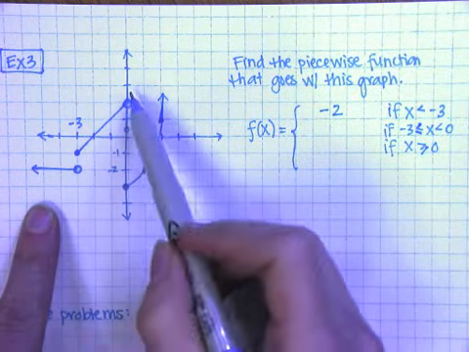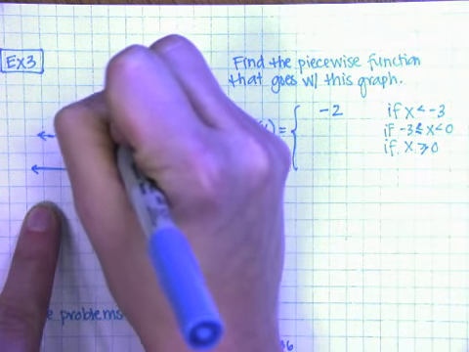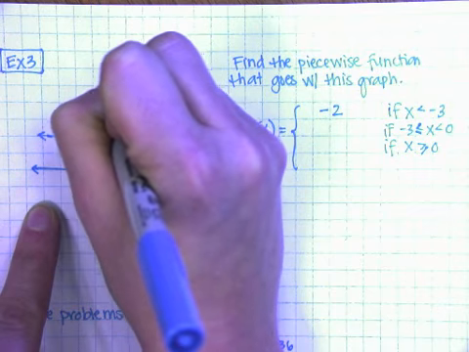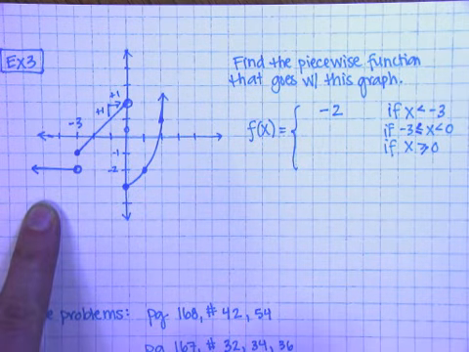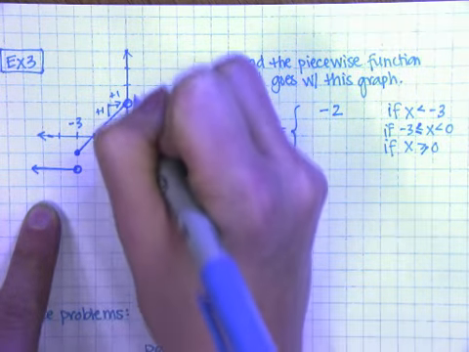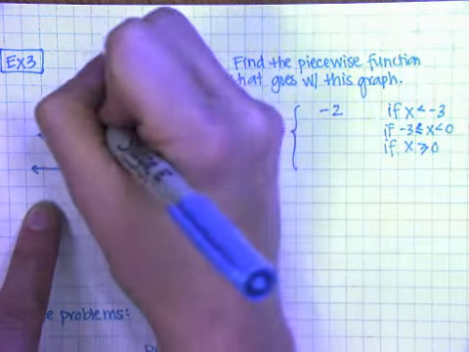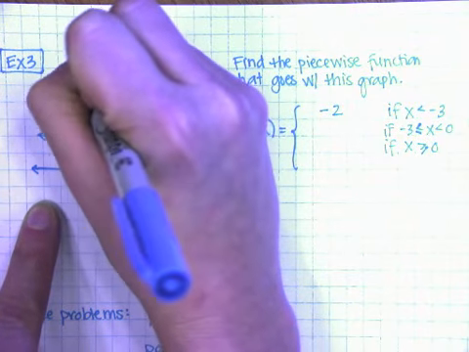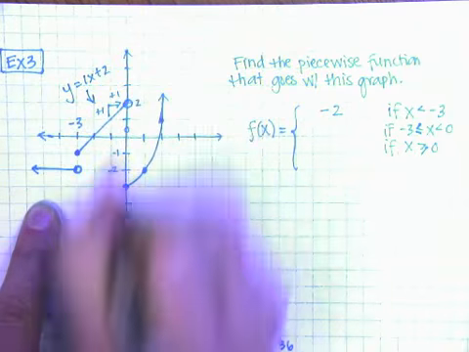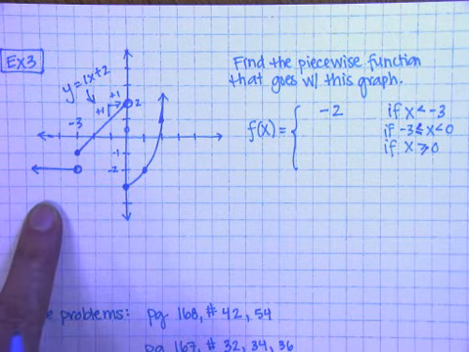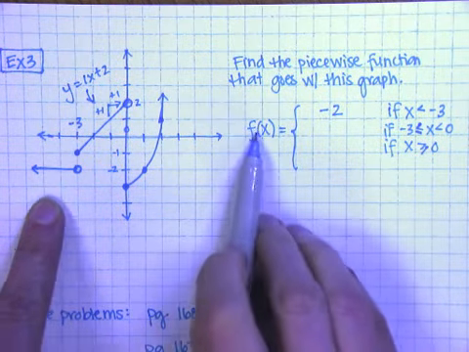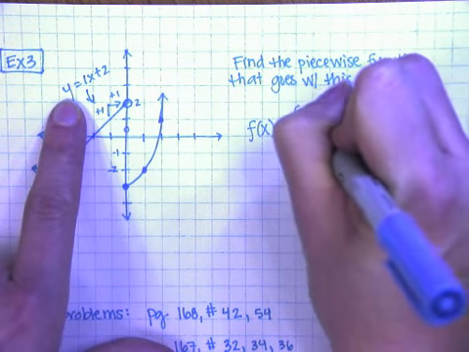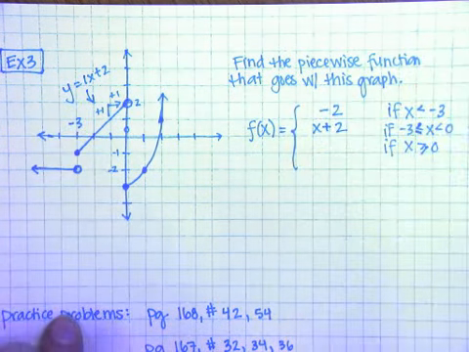This is a line. Let's see. This line has a positive slope of up 1 over 1. So I have a slope of 1. And it has a y-intercept of 2. So this would be like the line y equals 1x plus 2 right there, because the y-intercept is 2 and the slope is 1. Since the f of x is already standing in for my y, I'm just going to say x plus 2.